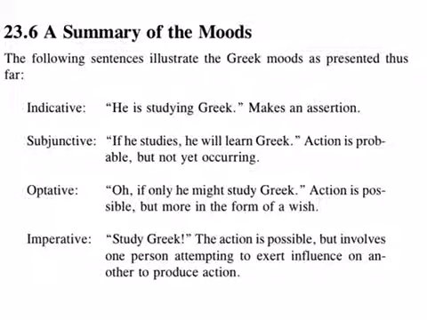So if we look at the summary, I think this helps put it all in perspective. In the indicative, it just makes the assertion: he is studying Greek. The subjunctive is action that's probably not yet occurring. So it's either he may or might study Greek, or in a conditional clause, if he studies Greek, he will learn Greek.